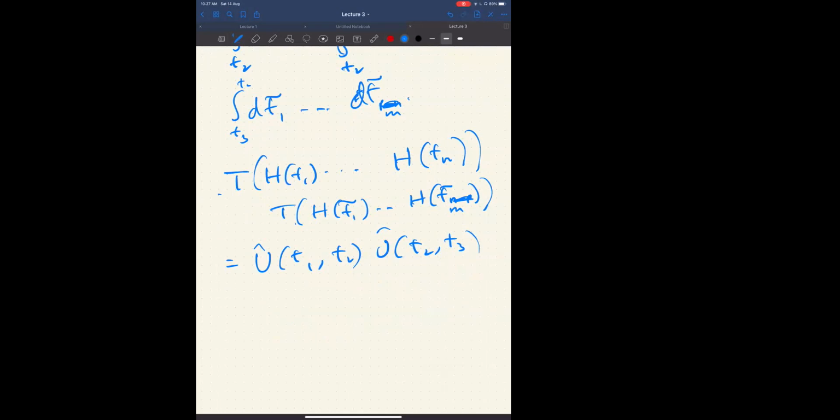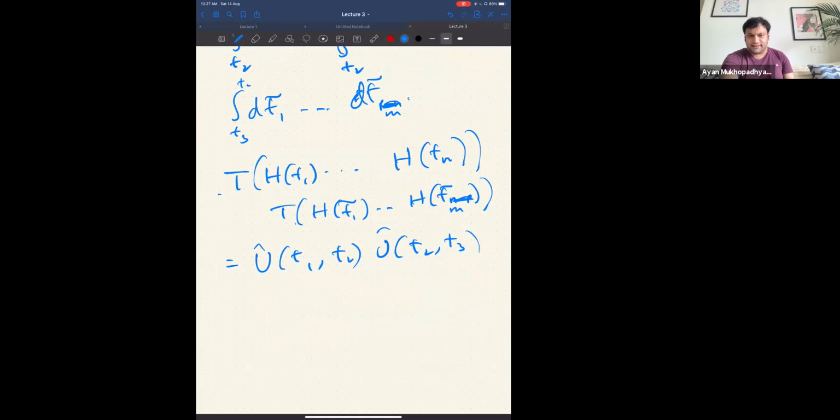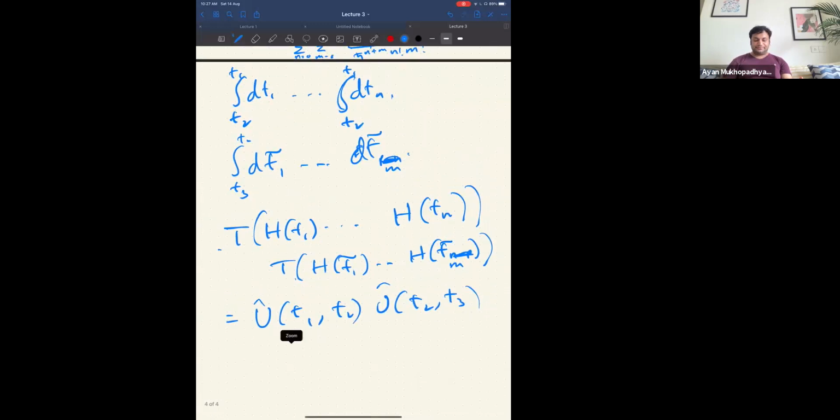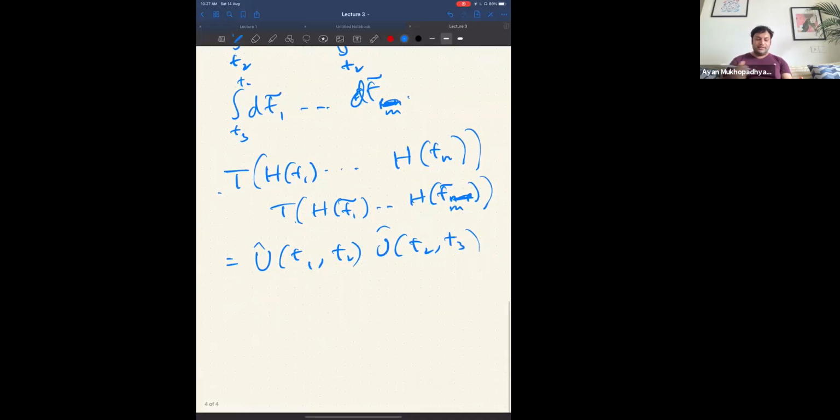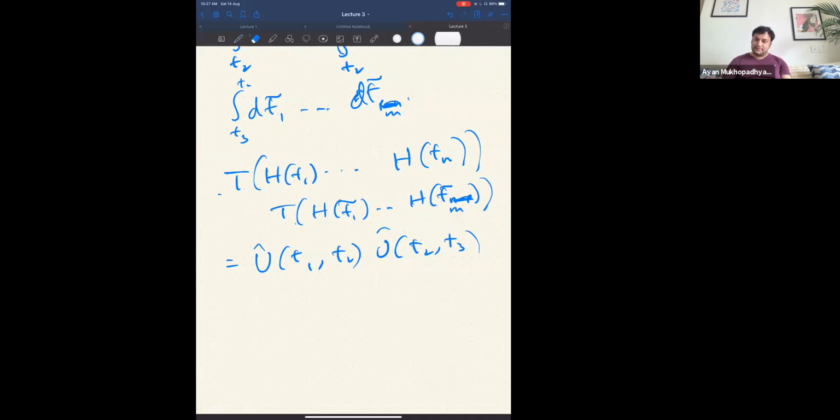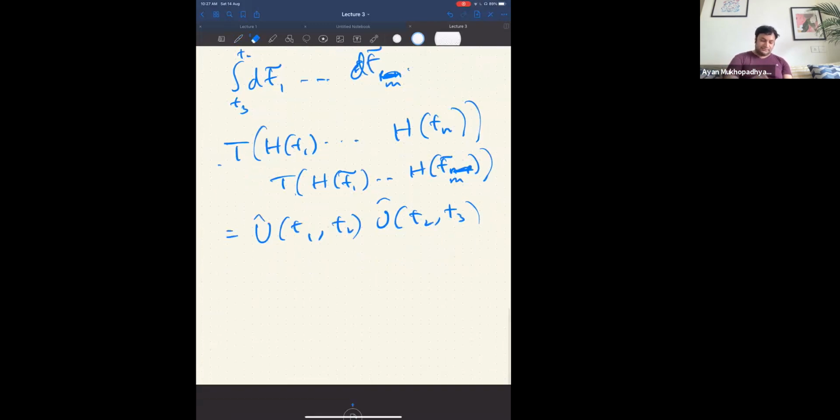All right, so that completes the first thing, right? And here you see that what we need to show is U dagger. First of all, you have to prove that U is a unitary operator, right?